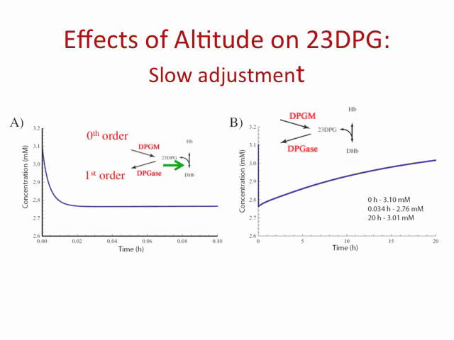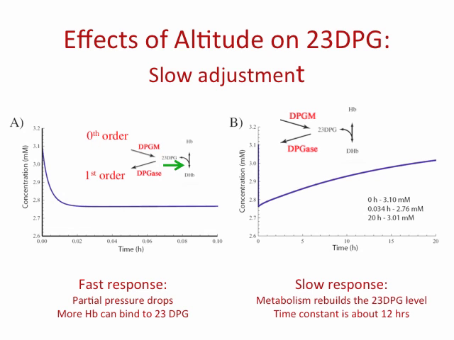And the numbers in the insert in this graph show how the concentration changes at key time points on that curve. So there's a fast response: partial pressure drops, more hemoglobin can bind to 2,3-DPG, and metabolism then on a slow time scale rebuilds the DPG level, and the time constant for that change is long.